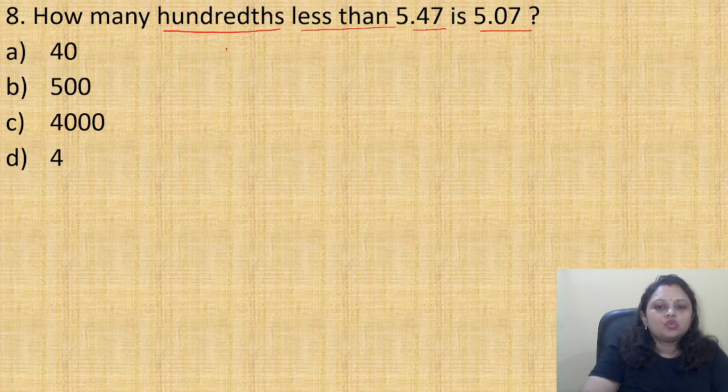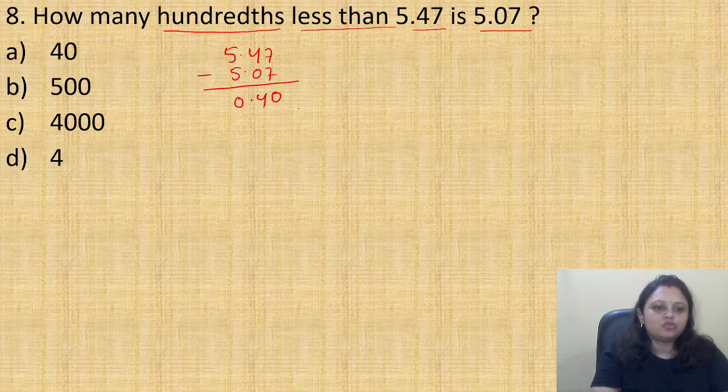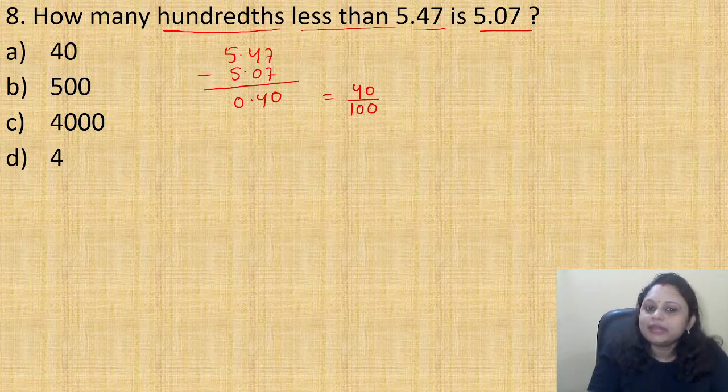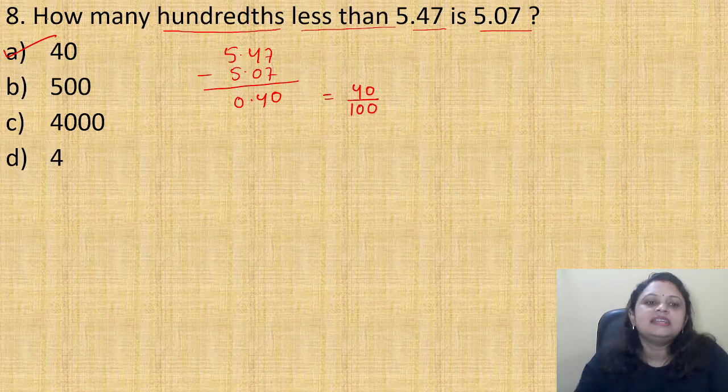So 5.47 minus 5.07 is 0.40. That means it is equal to 40 by 100. So how many hundredths are there? This is 40 hundredths. So the correct answer is option A, that is 40.